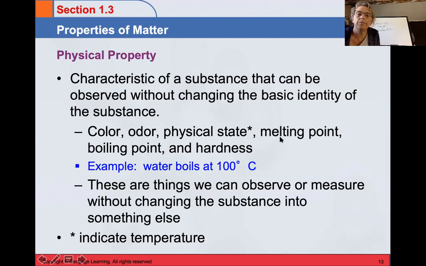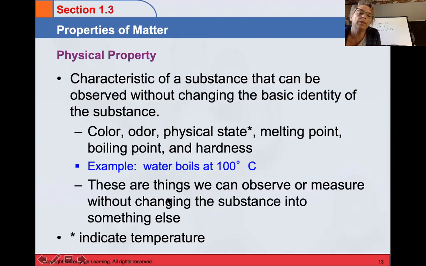So when you indicate melting and boiling point, you always want to indicate a temperature. Similarly, when you indicate a physical state, to say that water is a liquid, we'd have to say the temperature that water was a liquid at to distinguish water from another substance. So liquid is a physical state, but to indicate water or liquid as a physical property, you'd want to say the temperature at which water is a liquid.